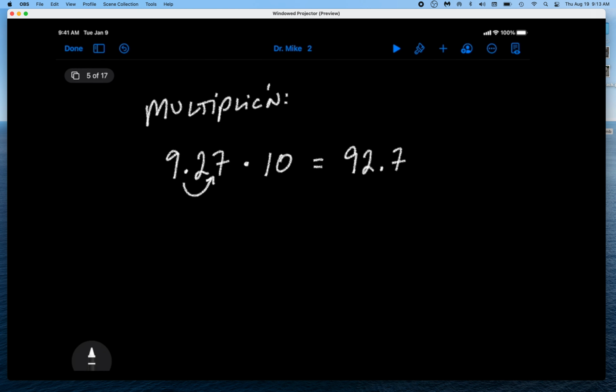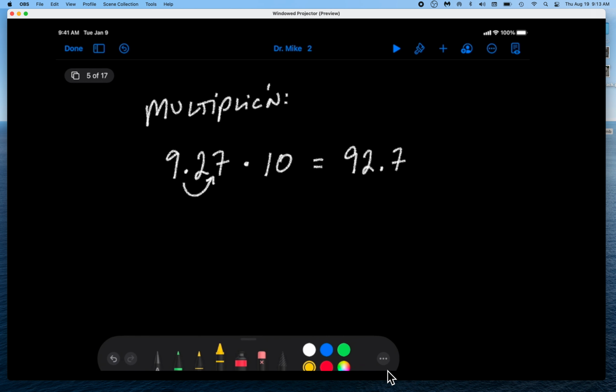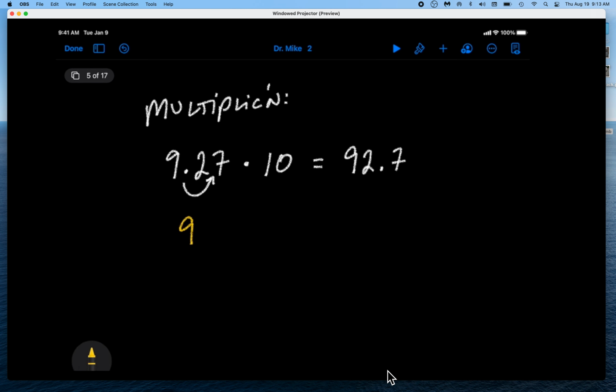Multiplication, you get larger. So now, if we divide by 10, what do you think is going to happen? If you divide a number by 10, it's going to get smaller. So how do we make a number smaller? We move the decimal place to the left. How many places do we move it to the left? The number of zeros tells us.